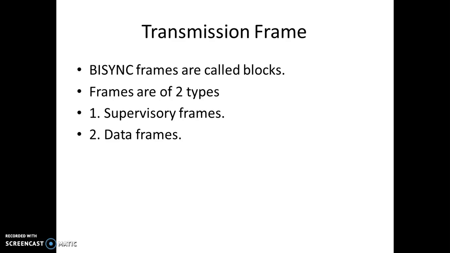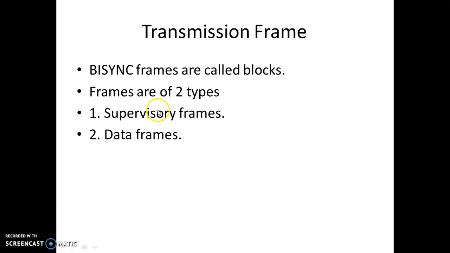Now these frames are of two types, one is the supervisory frame and one is the data frame. Supervisory frames are used for sending control information. This is important: they are not protected against content errors. You can use this if a question for differentiation between BISYNC and another protocol is asked.